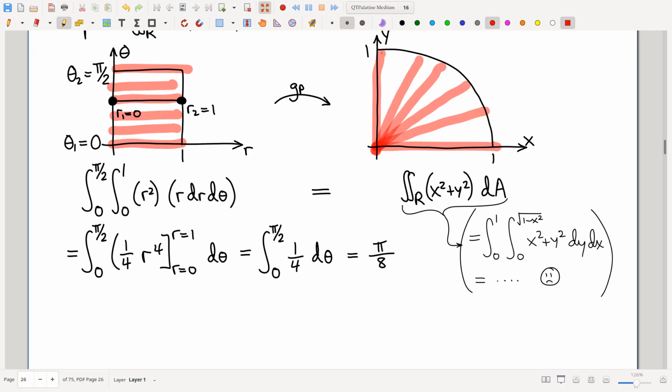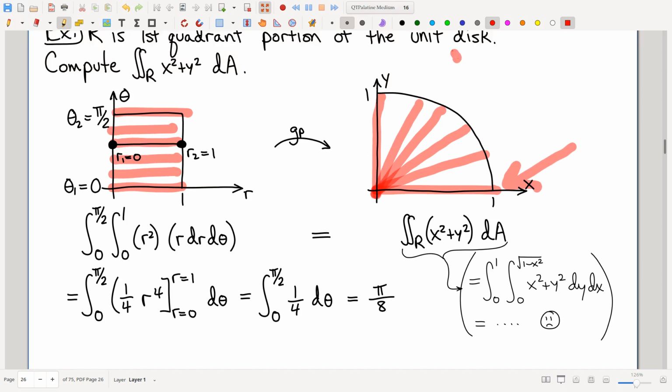And you can still totally see, there's my first slice, and there's my last slice. All I have to do is remember that this is where theta is 0, and this last slice is where theta is pi over 2. And so you draw that same conclusion, you still get the correct bounds.